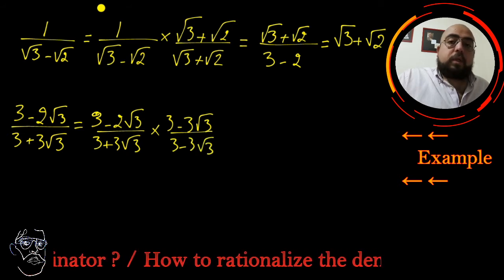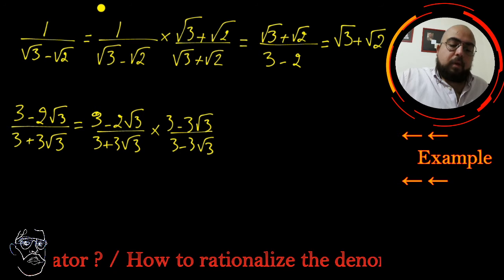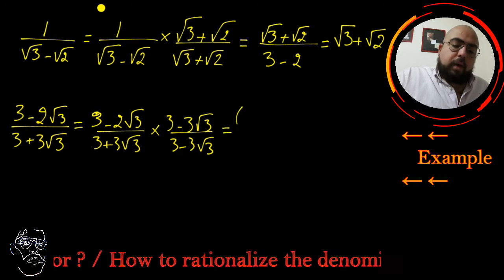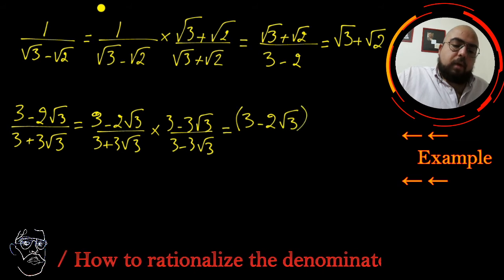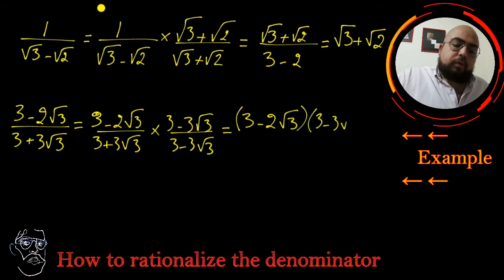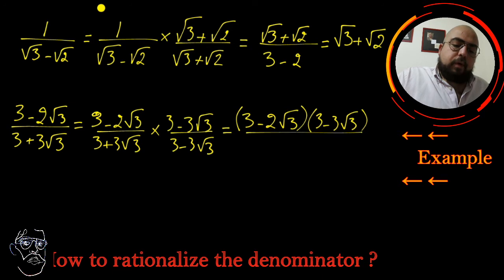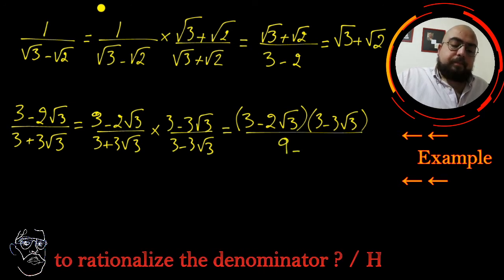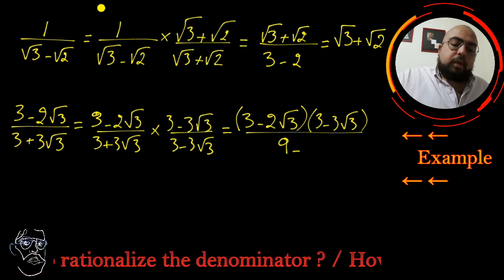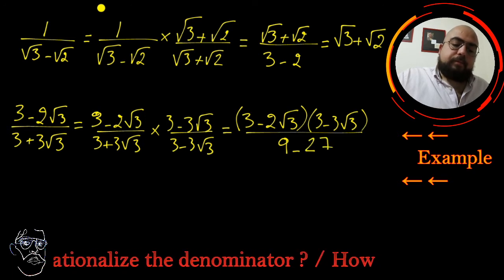So I'm using again the conjugated part. So at the numerator I will have 3 minus 2 square root of 3 times 3 minus 3 square root of 3 over 9 minus 9 times 3 is 27.